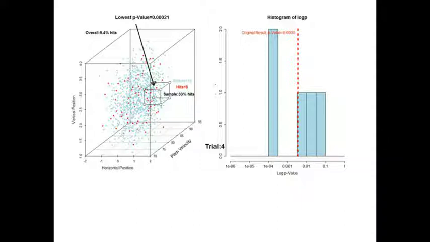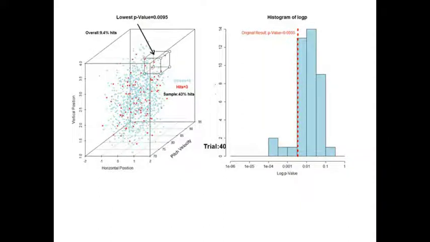Our true result is the red line, and each of these blue things in the histogram is a count of how many results were worse, which would be off to the right-hand side, or were better, which would be close to 0. We're plotting the log of the p-value, so lower values are more interesting. Now, we're going to run this several times, and we have 40 trials there, and we'll run that.